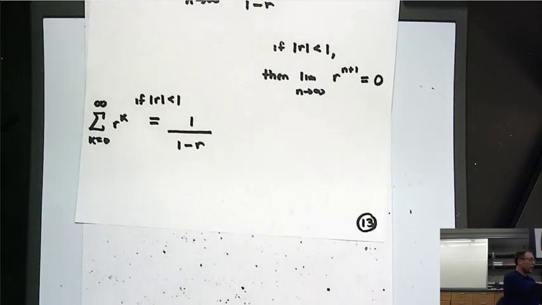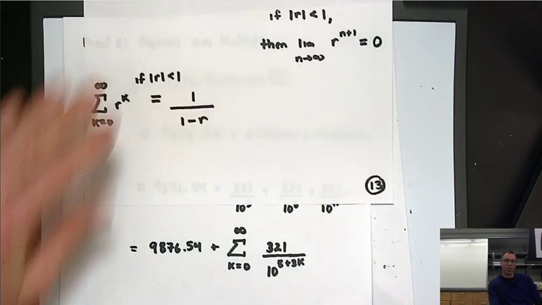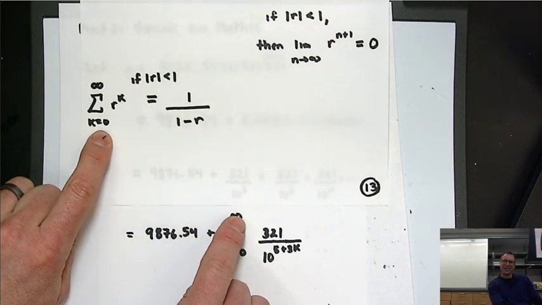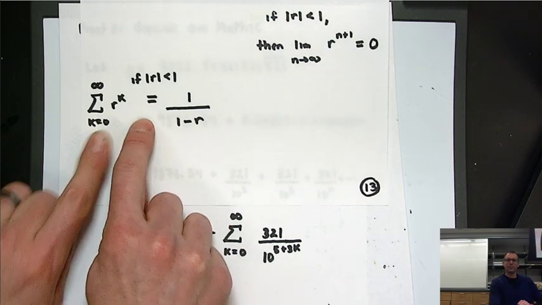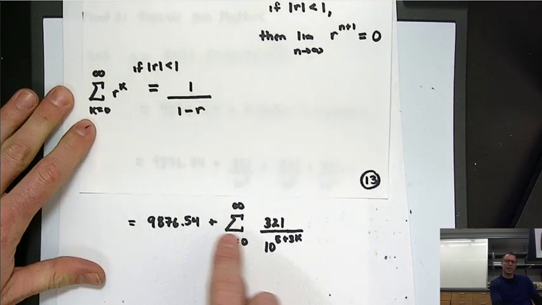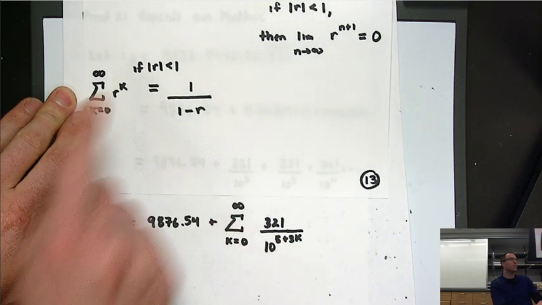So let's go back here. Is this identical to that? What would I need to do to make this sum right there identical to that thing right there?